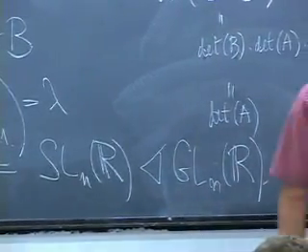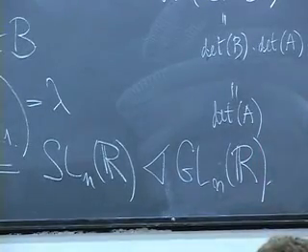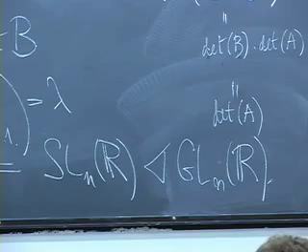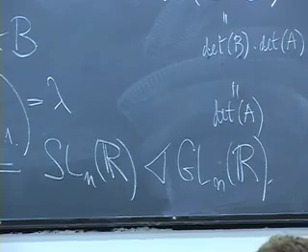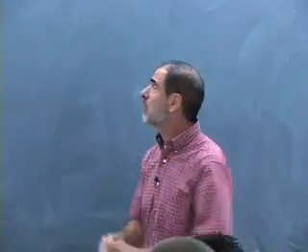Okay? Now let's do a little bit more serious homomorphism. This is an extremely important homomorphism in group theory. We have two general groups that we know about, GL_n and S_n. So we should have a homomorphism between them.